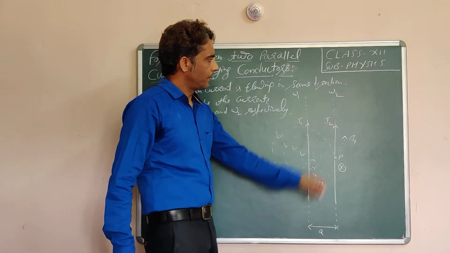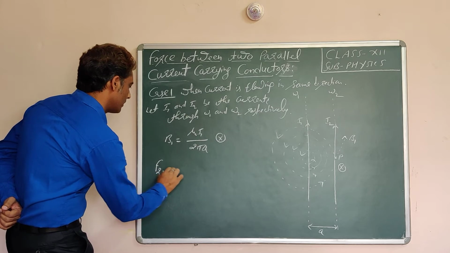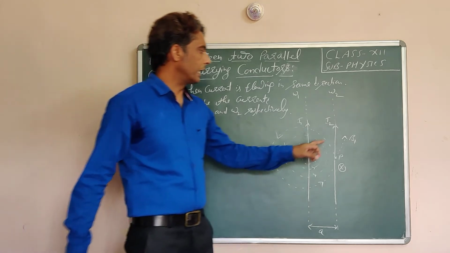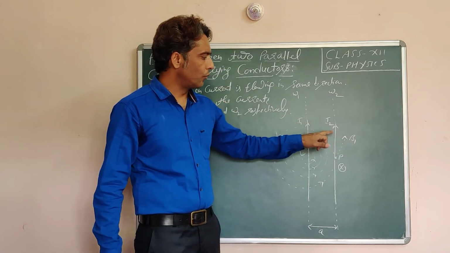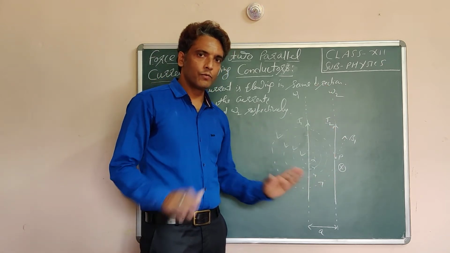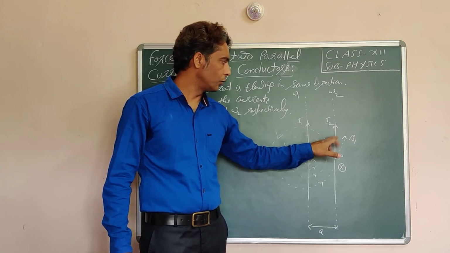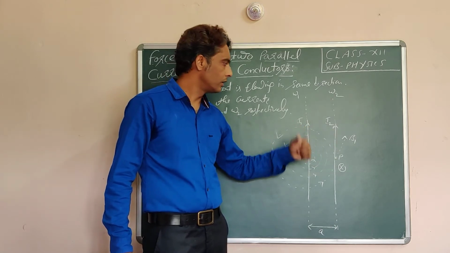Now let this F21 be the force per unit length. Here we calculate force per unit length because this conductor is of infinite length, so we calculate force per unit length of this conductor due to magnetic field of this W1.